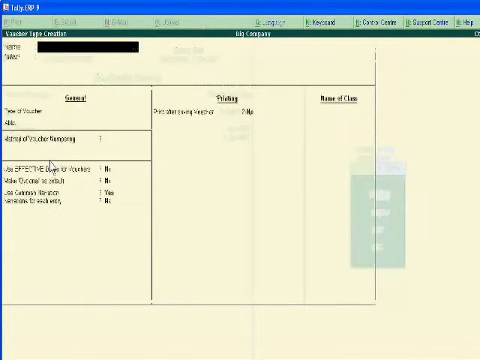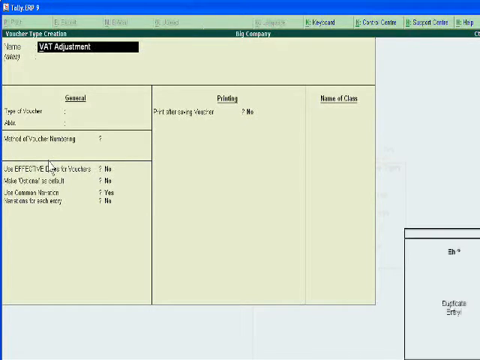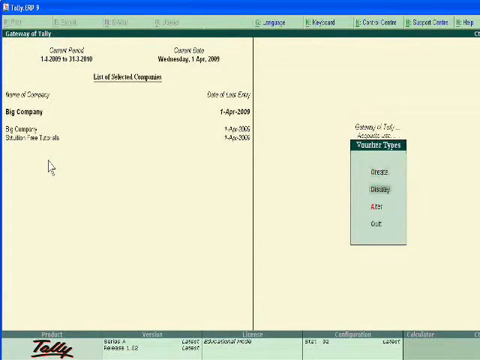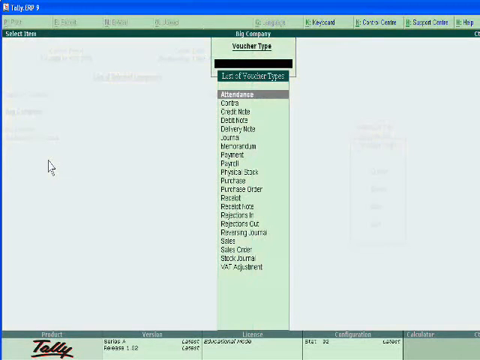We can create a VAT adjustment. With this we can get lots of options of VAT adjustment. We already created it. I am just showing in the alteration mode what I have created: VAT adjustment.